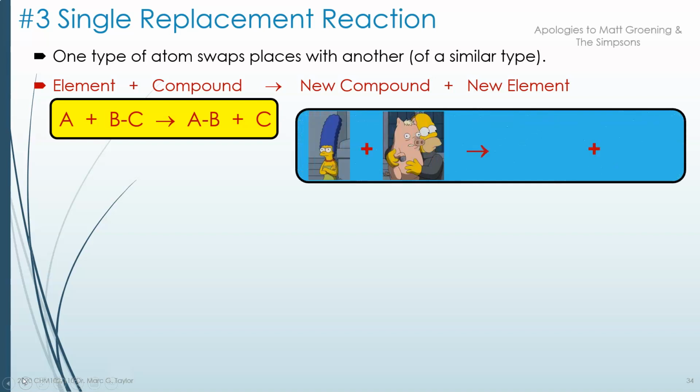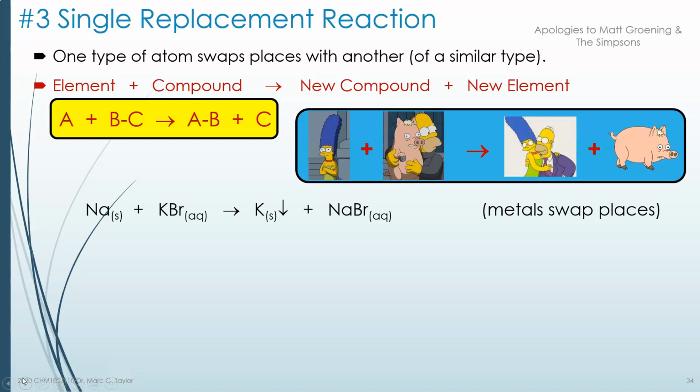And this would be as if you had Marge here and then Homer Pig interact, and Marge takes her husband back and the pig is left by himself. So you have Marge, the element Marge, and the compound Homer Pig making the new compound Homer Marge and the new element the pig. And so examples of that might be sodium plus potassium bromide reacting.